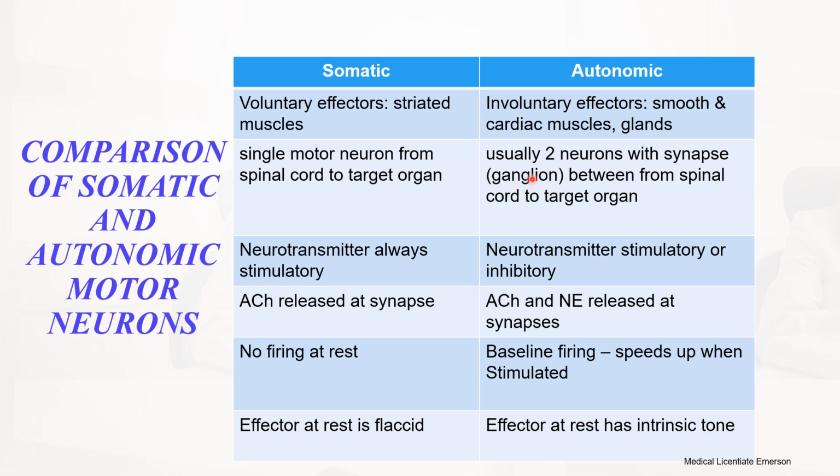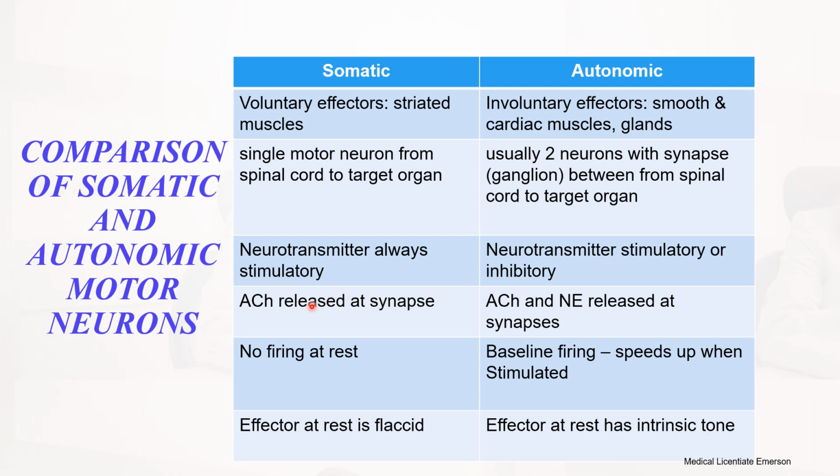In the autonomic, we usually have two neurons with a synapse in a ganglion between the spinal cord and the target organ. The neurotransmitter in the somatic nervous system is always stimulatory, whilst the neurotransmitter in the autonomic nervous system can be either stimulatory or inhibitory.